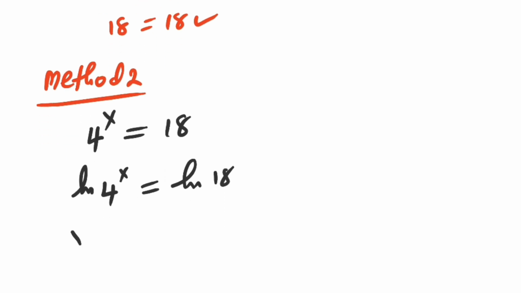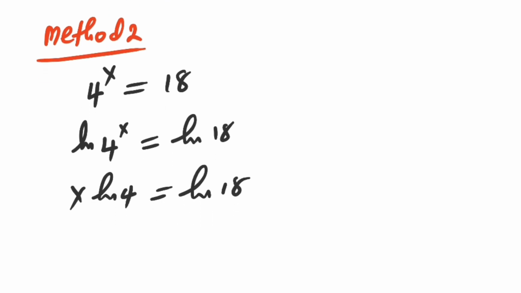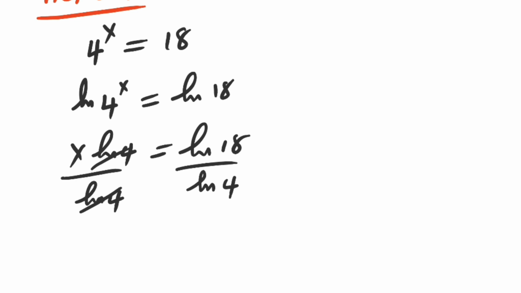Then this is x ln of 4 is equal to ln of 18. Now let's divide both sides by ln of 4. Then this ln of 4 cancels this ln of 4. We have x is equal to ln of 18 over ln of 4.